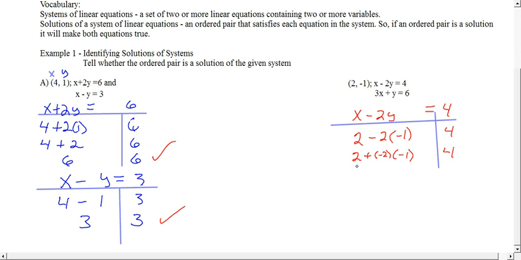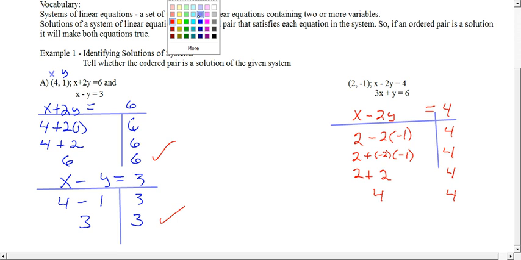So now we're looking at 2 plus a negative 2 times a negative 1. 2 times 1 is 2, but a negative times a negative gives us a positive, so this will be 2, and our answer should be 4, and then of course 2 plus 2 is 4, and it checks.